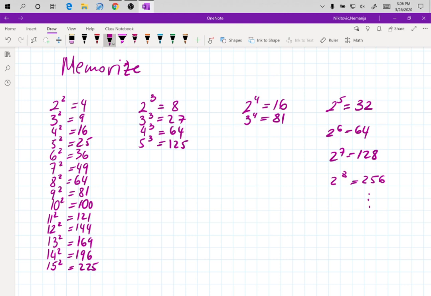So exponents simply multiply the same number, and the number of times you multiply the same number depends on the value of the exponent.